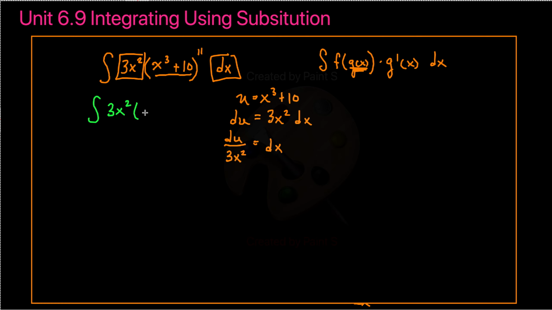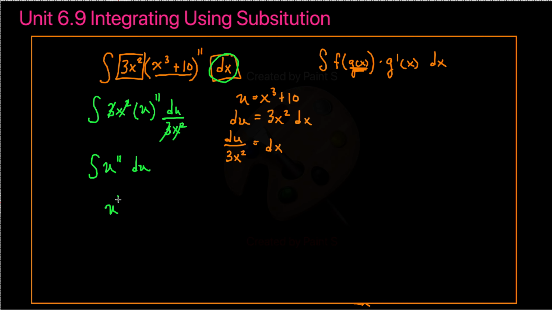I'm going to substitute for what I made u, write it as u to the 11th. And then I'm going to substitute for dx. dx is du over 3x squared. And then this 3 cancels this, the x squareds cancel, and I'm left with the antiderivative of u to the 11th du.